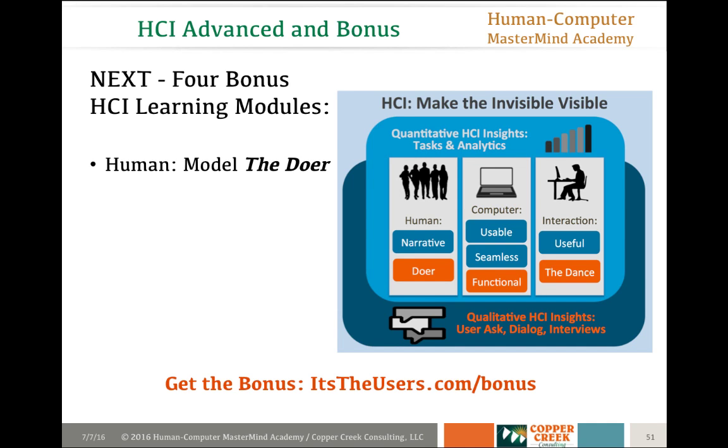This process of understanding the doer is going to give you mastery over the most essential, the clearest, and the most relevant understanding of what your target audience does with your online programs. It really builds on that narrative approach to really understand when they reach for your stuff and what it is they want to do with it.